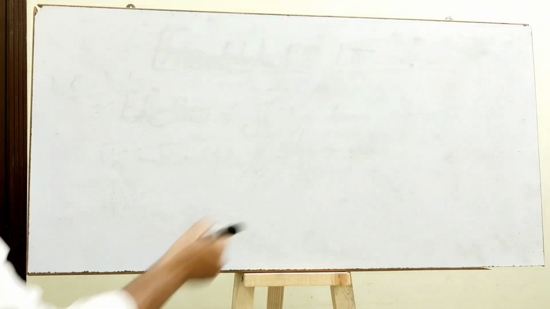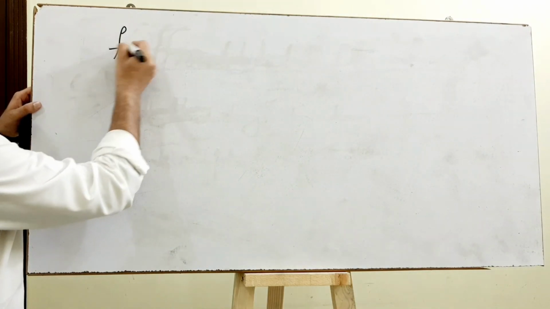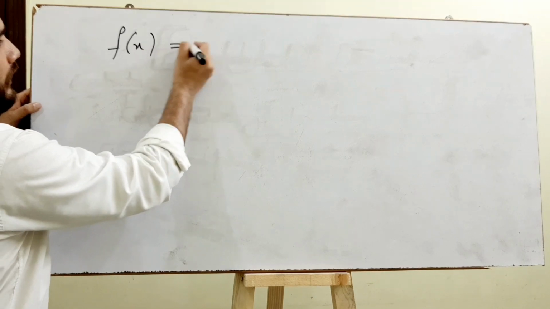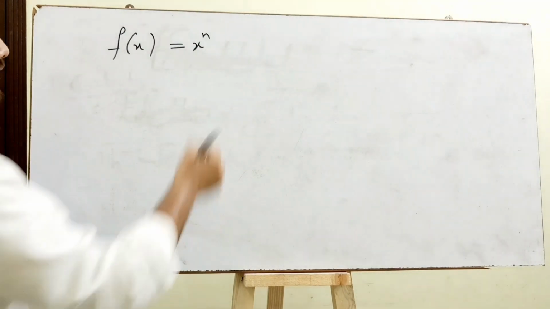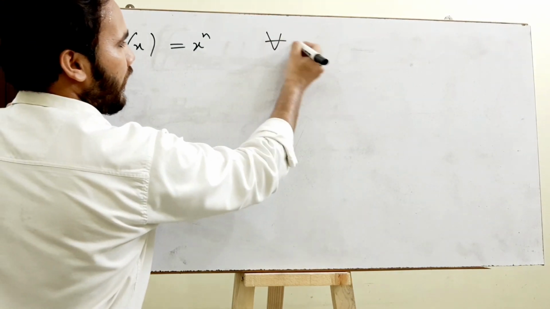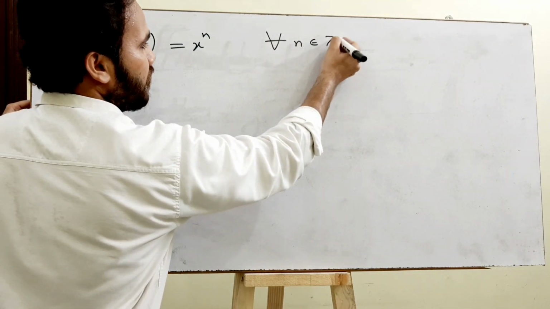Friends, let's start with one elementary function, f of x equals x to the power n. This is our one elementary function, where n belongs to the positive integers.